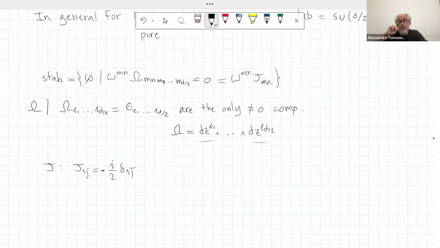And in particular, what doesn't work in general is that we have coordinates dz where we can write this omega in this fashion. What we can really do is to find a vielbein which is holomorphic.